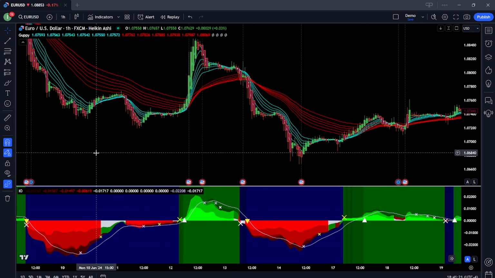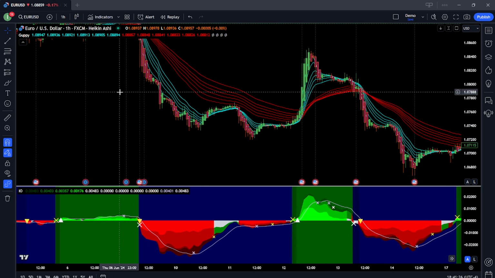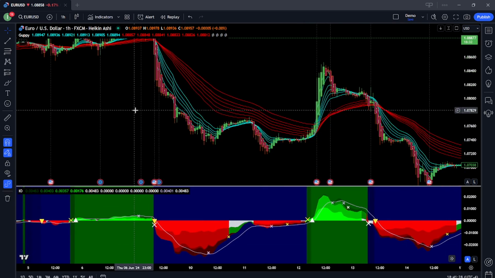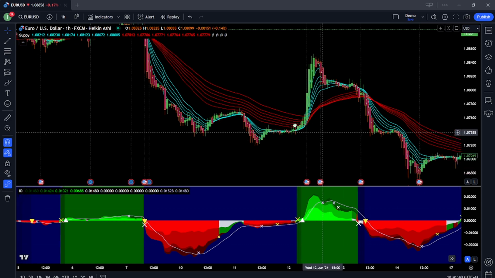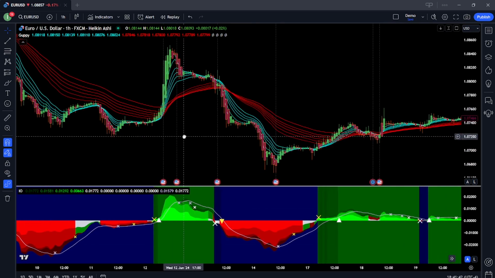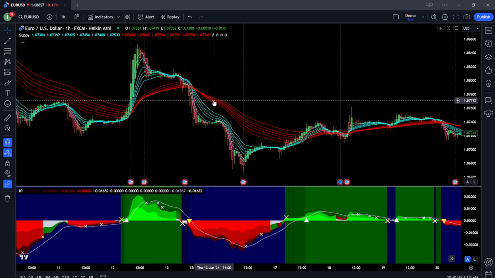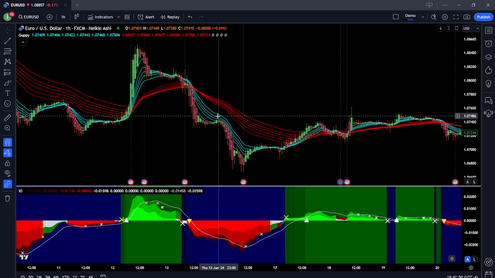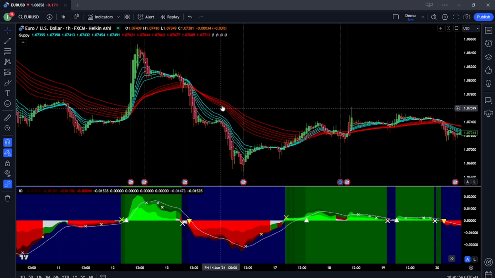And then the other indicator is the Ichimoku oscillator. We're going to confirm our entries based on the Ichimoku oscillator color. Red is bearish, green is bullish. So in order for us to make an entry, we've got to make sure the investors, the red group, and the blue group, the retail traders, both agree.